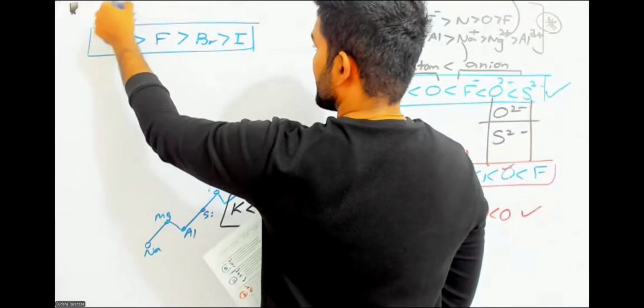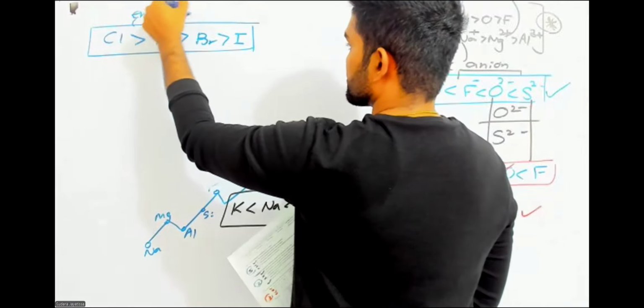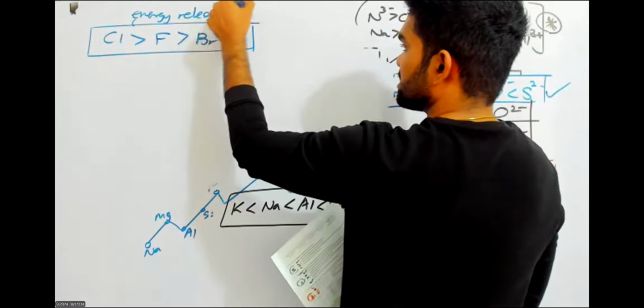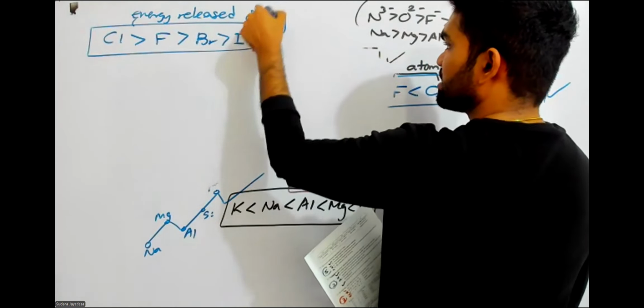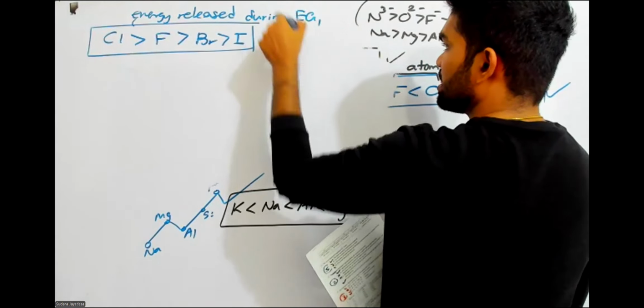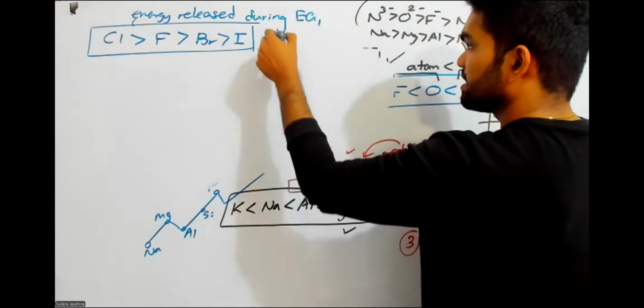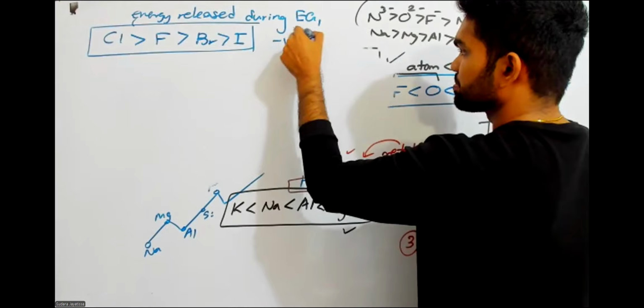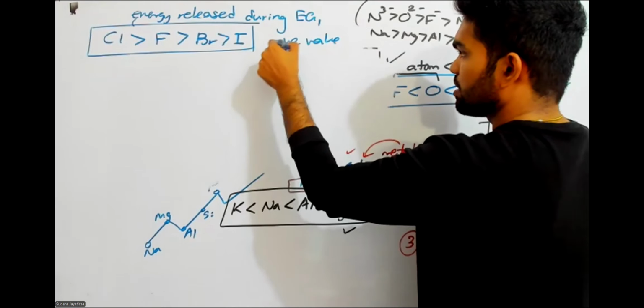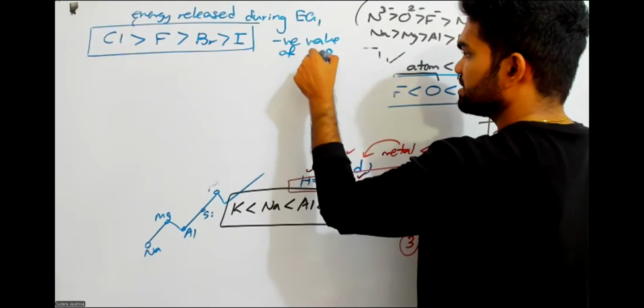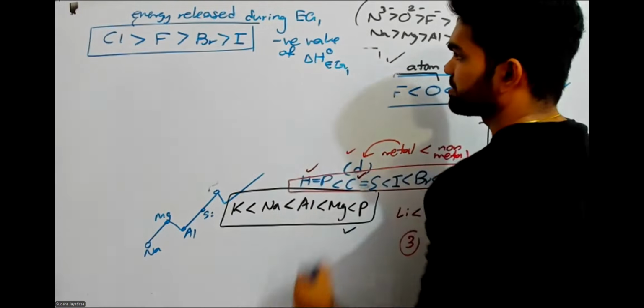So you can say energy released during EG1. Now you are learning enthalpy, no? So you can say it is the negative value of delta H standard EG1, first electron gain enthalpy.